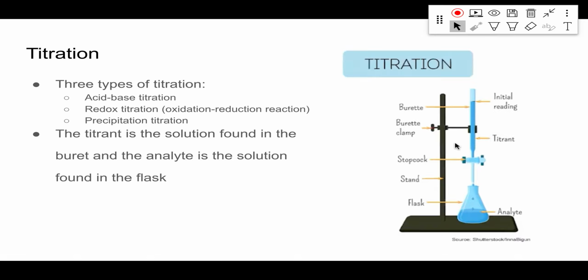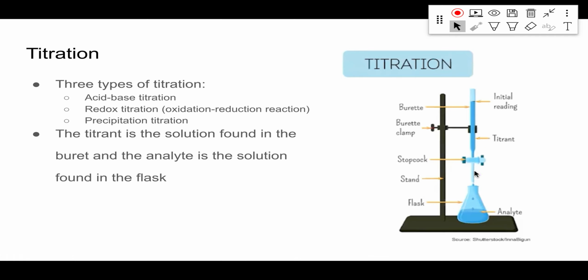With the burette, it is this long glass tube, and the burette is a very accurate and precise measuring device. So it has markings on it, and you use those markings whenever you're making these measurements. You don't have to use a graduated cylinder or anything else to measure the volume.